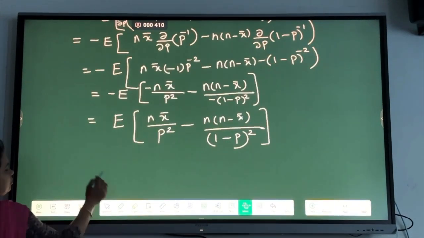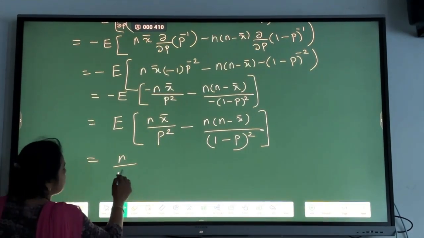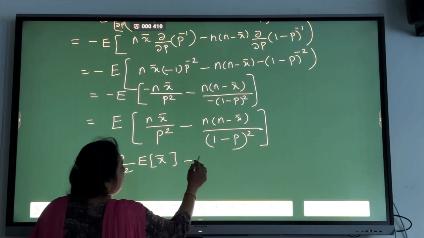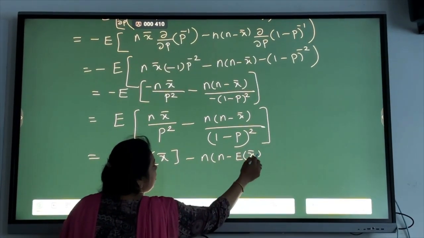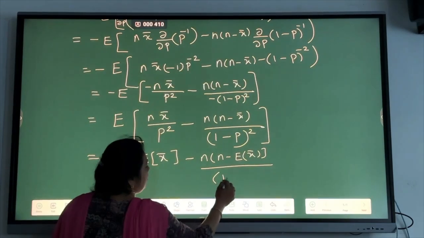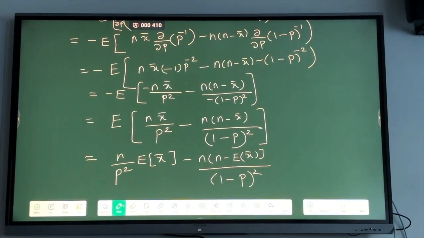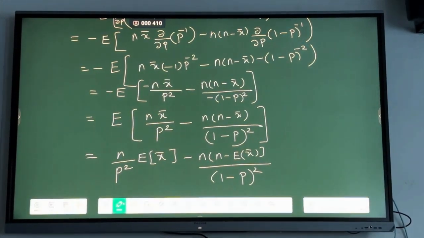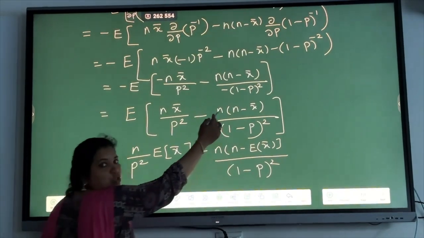So, which is n by p square E of x bar minus n into n minus expectation of x bar divided by 1 minus p the whole square. Now if you look at here, we are differentiating with respect to p.